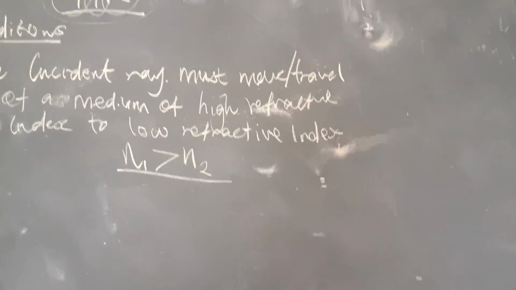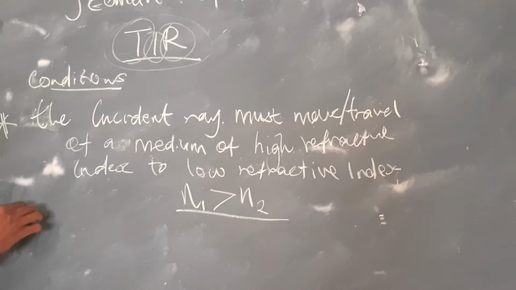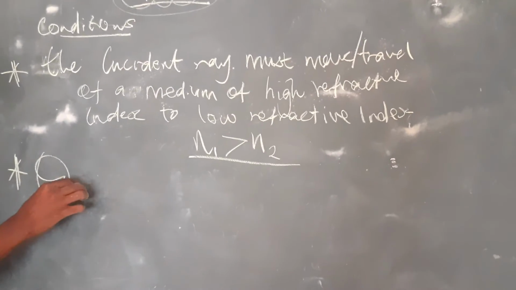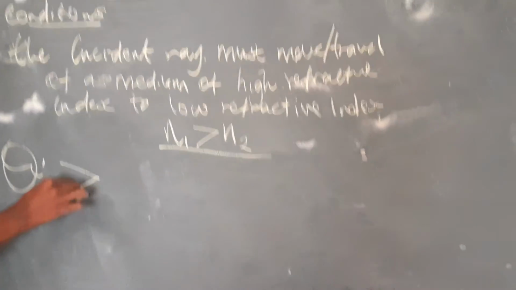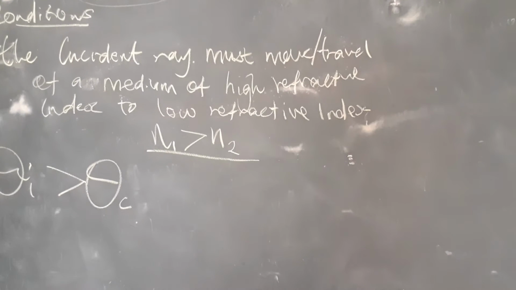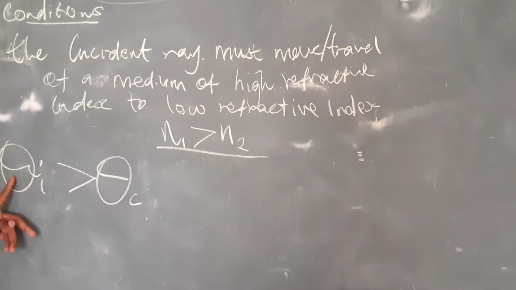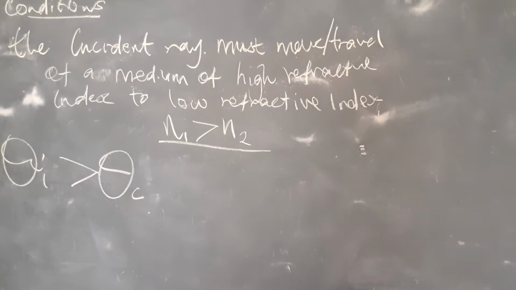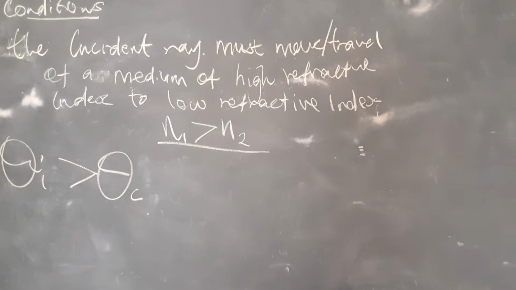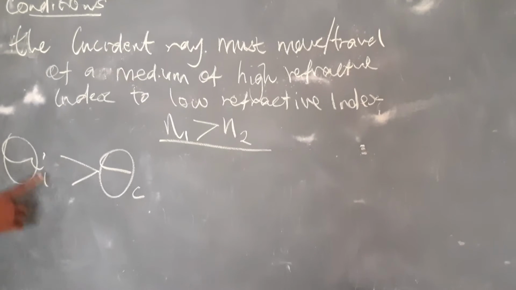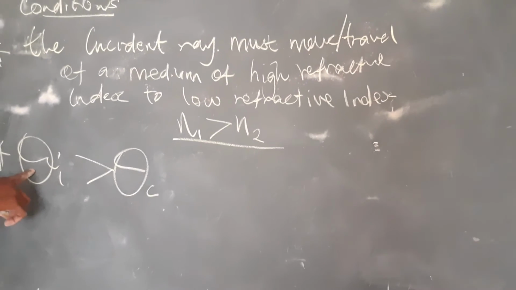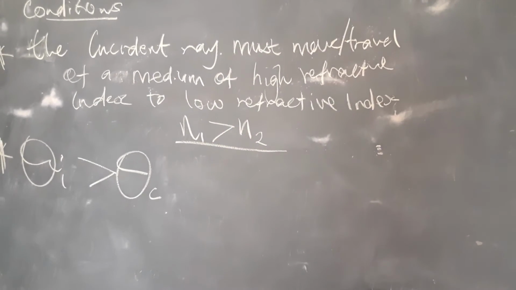The second condition is that the incident angle must be greater than the critical angle. We will talk about what the critical angle is and how we find it.